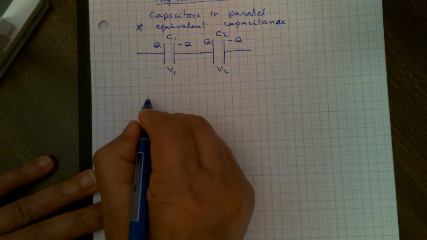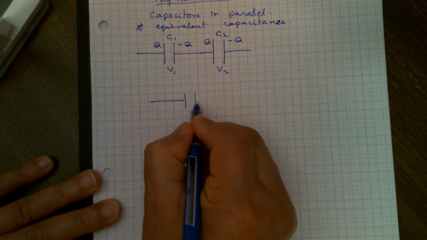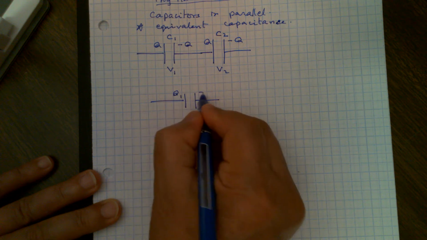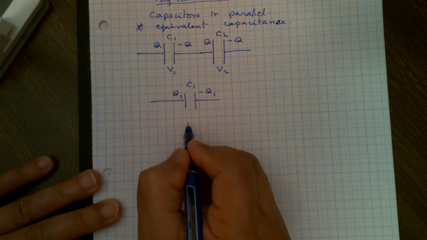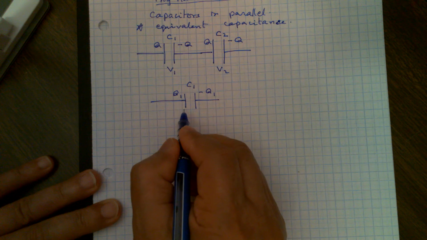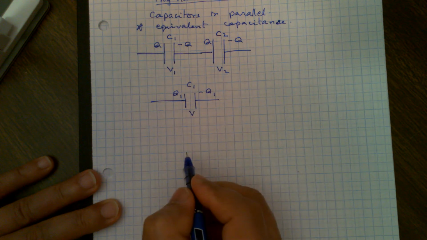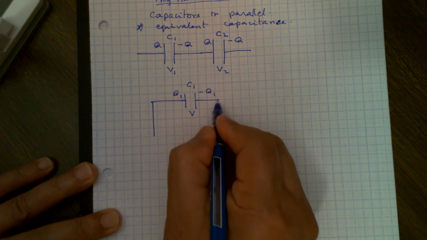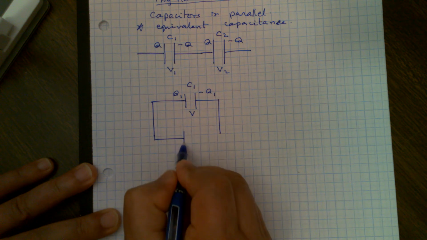First, I'll have a capacitor, and the charges will be Q1 and negative Q1 here. The capacitance we'll call C1, and the voltage difference between these two plates will be V. Then it will go on to another capacitor and join like this.